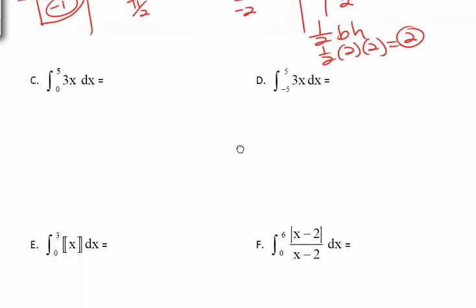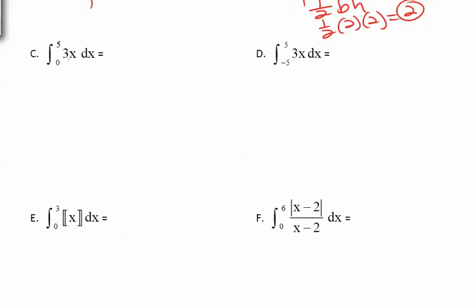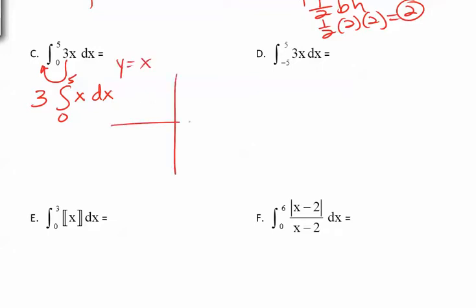A couple of different ideas here for c. You could either leave 3x, or you could bring the 3 to the outside and make it even simpler. So the integral of x, think of the line y equals x. You know graphically what that looks like. It's the 45-degree line, and it is an odd function. We don't really need that for 0 to 5.